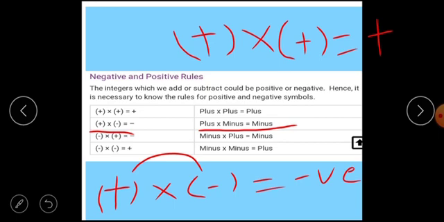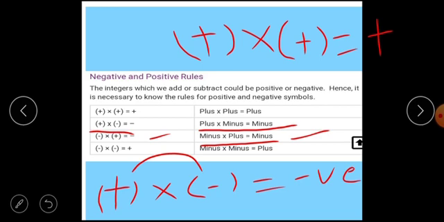And in the third part, you can see here, negative into positive, means one number is negative, another number is positive, and whenever you are multiplying these numbers, then you will get minus into plus, that will be equal to minus. These are the negative and positive rules. You should know how we multiply positive numbers, positive negative number, negative positive number or negative numbers.